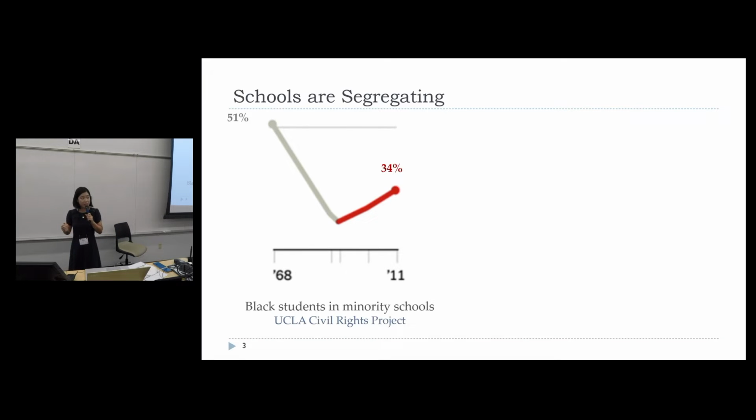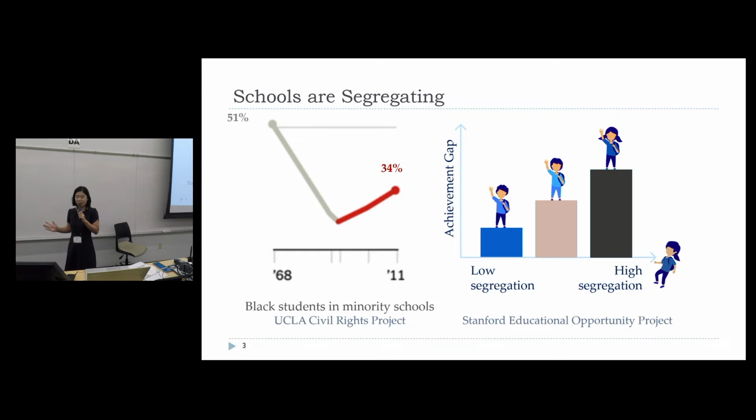You can see that this percentage has been decreasing since it was ruled unconstitutional in the 50s to have segregated schools, but then increasing again since the 80s. This is problematic for many reasons, but one reason is that recent research from the Stanford Educational Opportunity Project shows that the confluence of segregation of racial minorities in high poverty schools is particularly correlated with large racial achievement gaps.